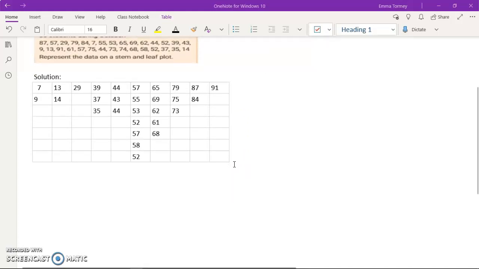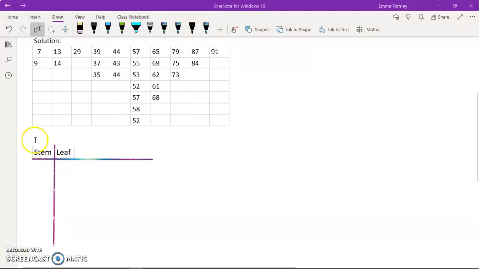Now our stem and leaf plot is going to look like this. We have our stems going down here and our leaves going down here. Remember, our stems are all the numbers that aren't the last number. The last numbers here are 7 and 9, but the stem would be 0. Put 0 in there.